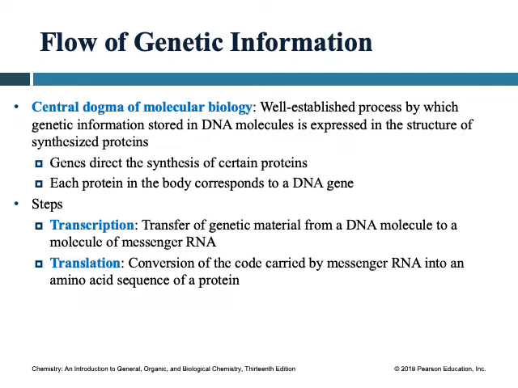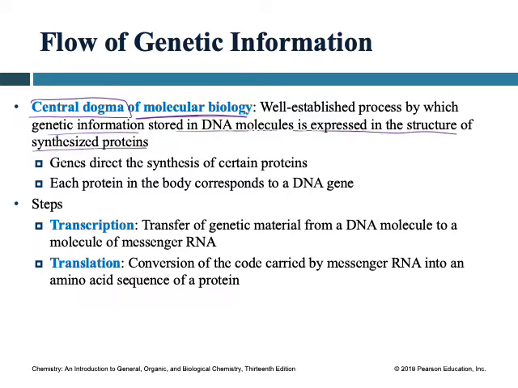So now let's talk about the flow of genetic information, how the genetic information normally flows within the cell. And this is also called the central dogma of molecular biology, right? So what is the central dogma? It is a process by which genetic information stored in the DNA molecule is expressed in the structure of synthesized protein.